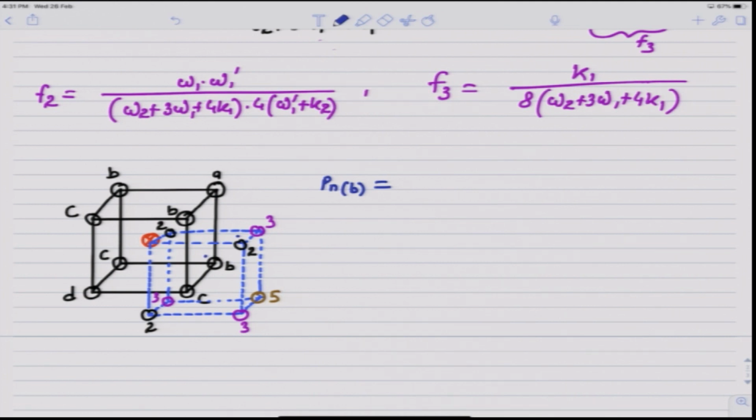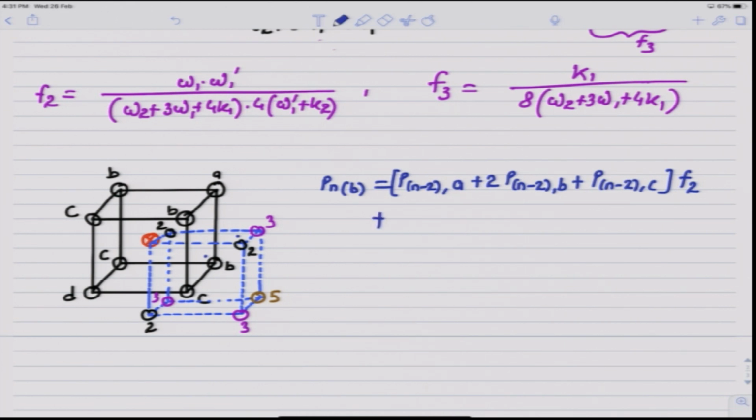So, we can write P n minus 2 of A plus 2 times P n minus 2 of B plus P n minus 2 of C times the factor F2 which we have defined above.